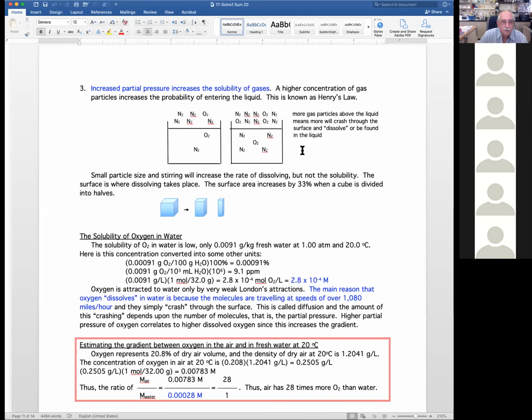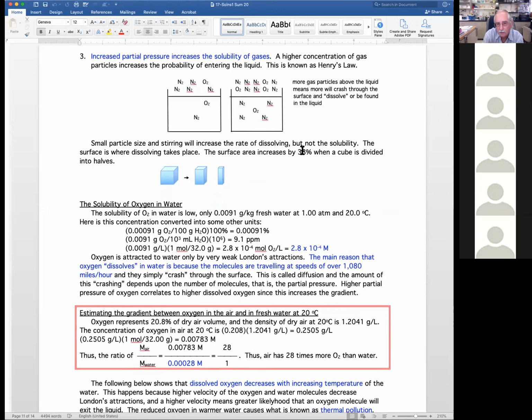And finally, particle size and stirring will increase the rate of dissolving, but not the actual solubility. I remember as a kid going to sugar mills and stuff. You'd see these big, giant crystals of sucrose in different places in the vats, just like an inch across.